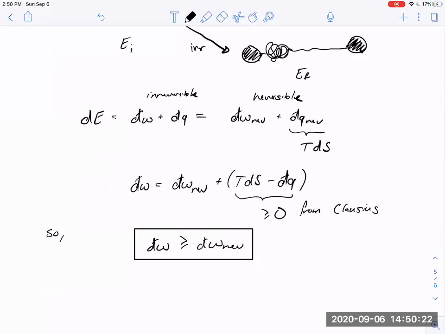So any process that does some work on the system requires at least the reversible amount of work at fixed T for a transformation.